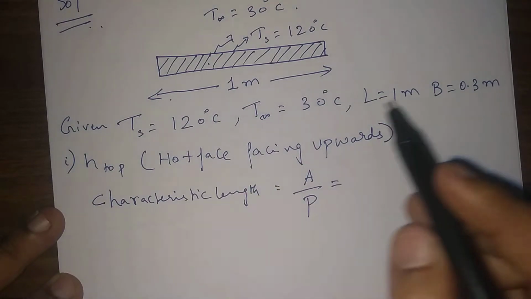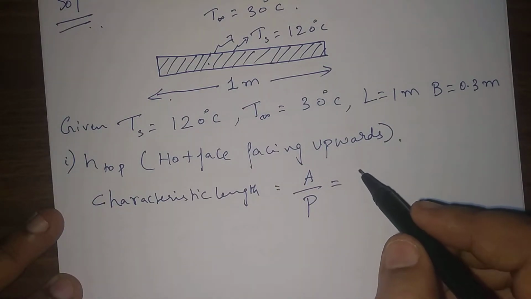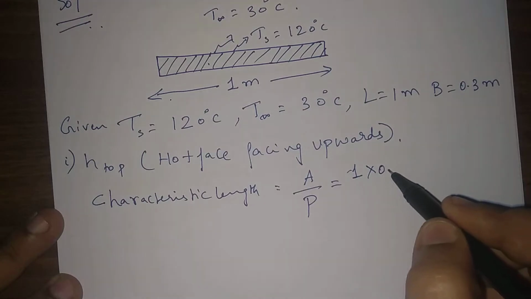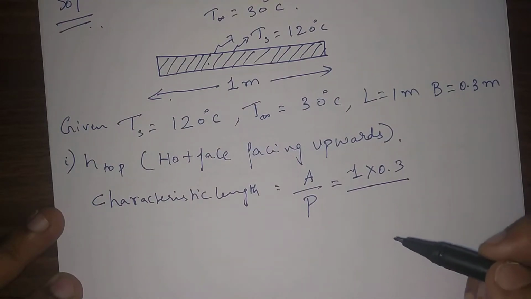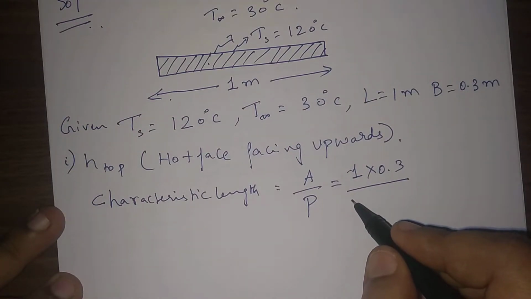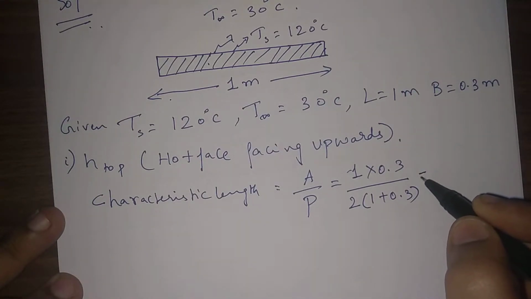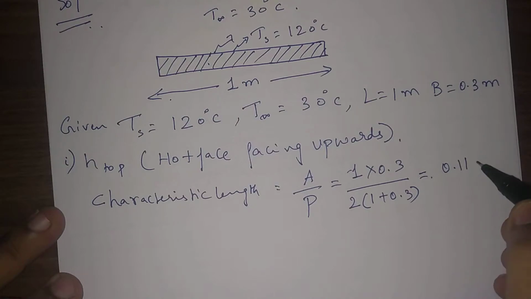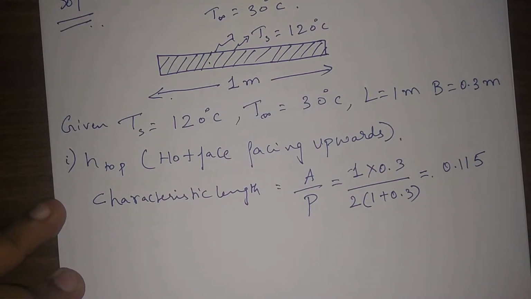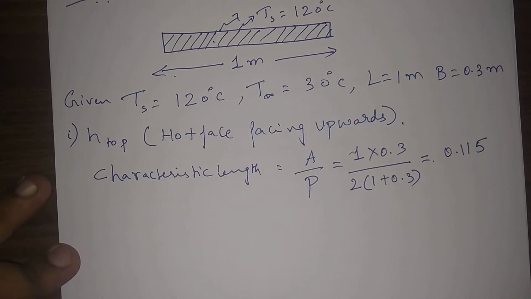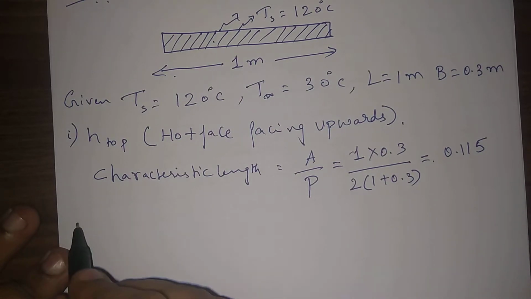So what is the area of this? Area is just 1 into 0.3, whole divided by the perimeter. Since it's a rectangle, 2 times (1 plus 0.3). So we are going to end up with 0.115. I have calculated it already. Next, find out the properties.